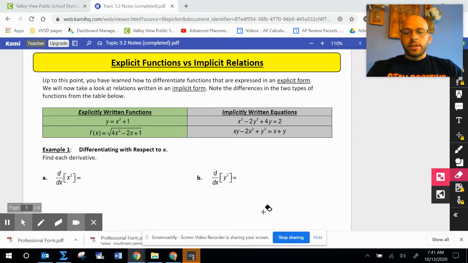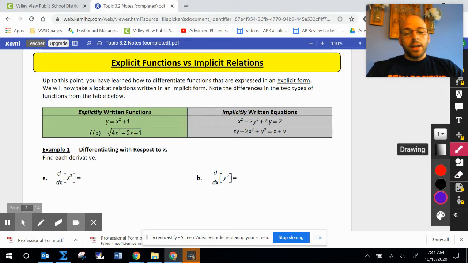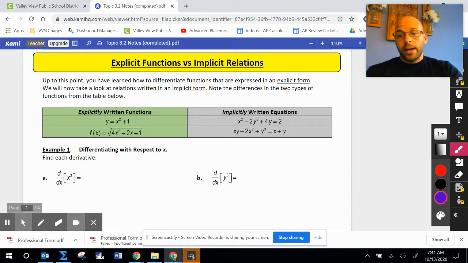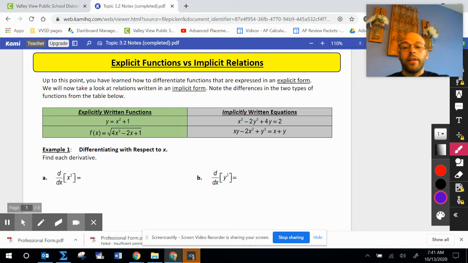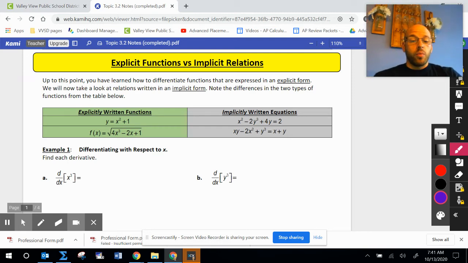Those are both explicitly written functions. But on the right-hand side in gray, you have things that are implicit, written in terms of two variables. We don't need to limit it to just x and y. So we want to talk about how to take the derivative of y, especially when we have more than one variable.